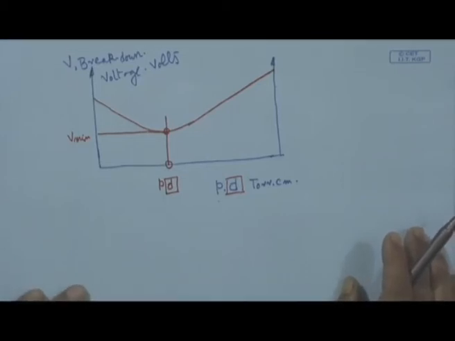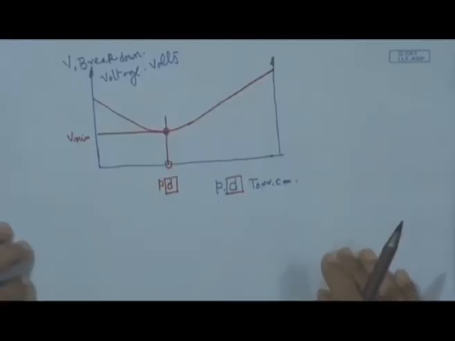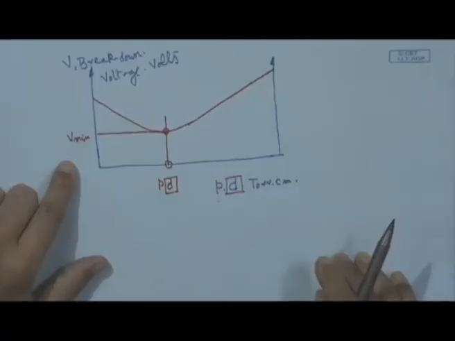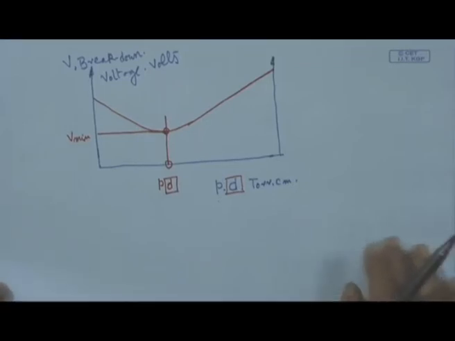That means at what pressure it can work, what the standoff distance or size of the vessel will be, and what the available voltage will be as per the power supply, so that the machine can become a useful source of the deposition process. So, one has to look for this minimum voltage for a given P into D.